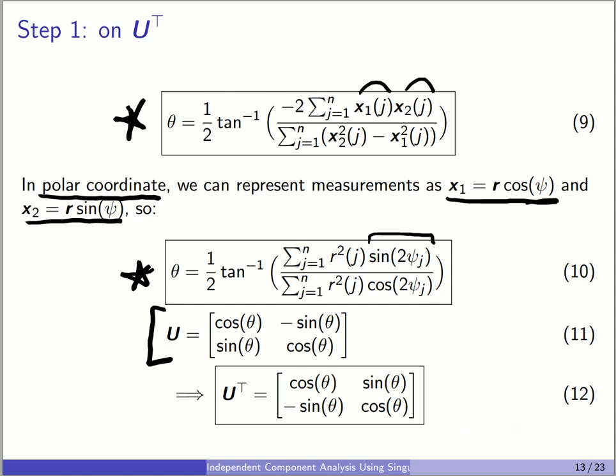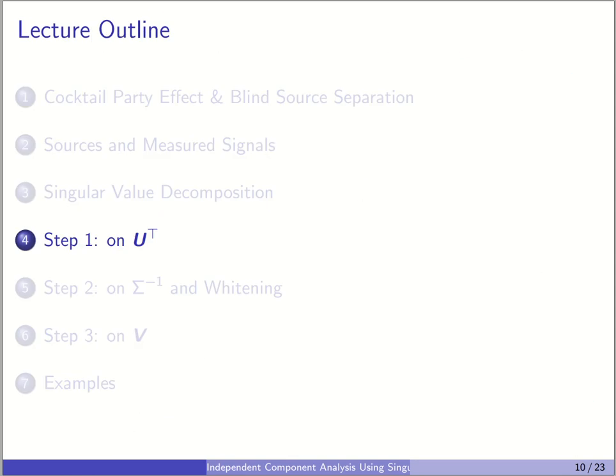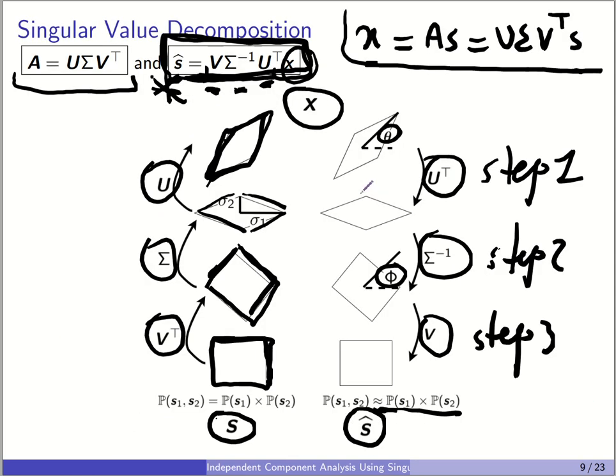Therefore, we apply U transpose on this, and we will have this equation 12. So we found what we needed in step 1. After applying U transpose, we will have this shape. Now we are in this step. We need to apply sigma inverse.